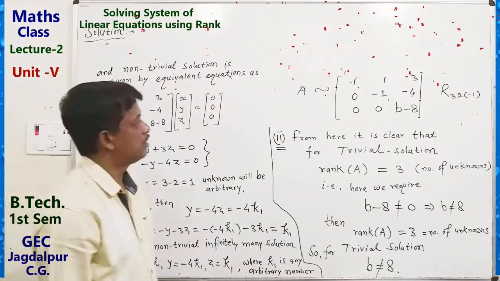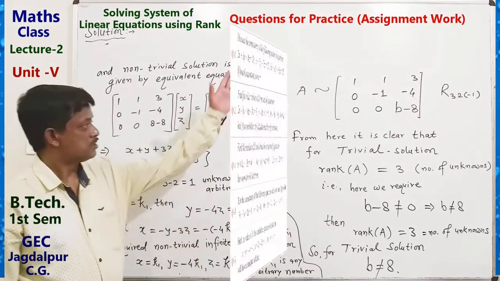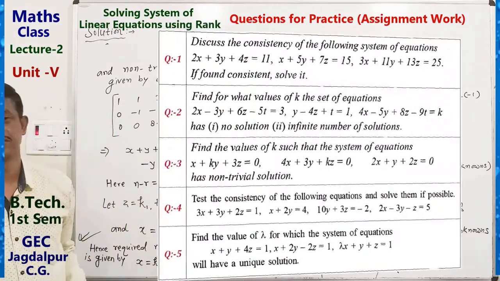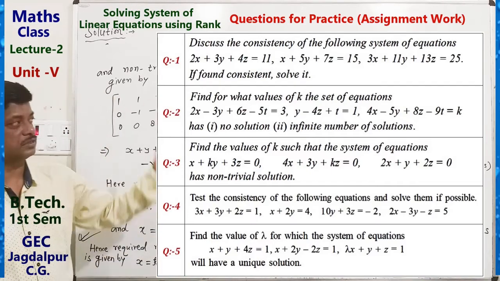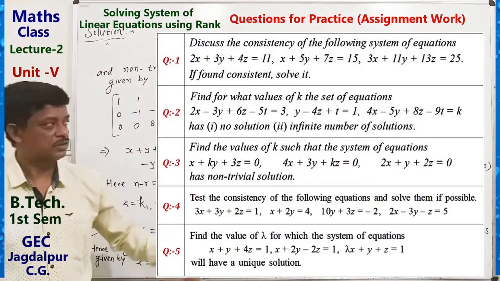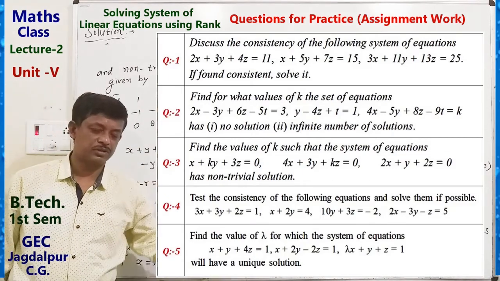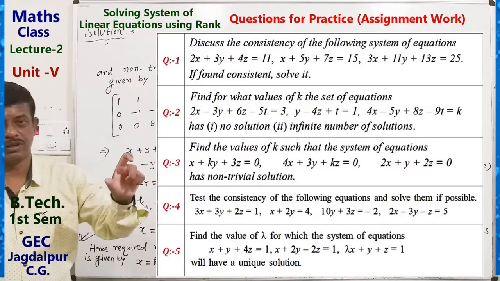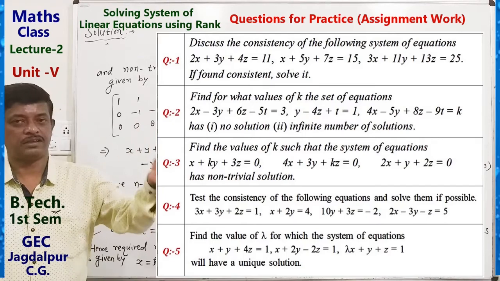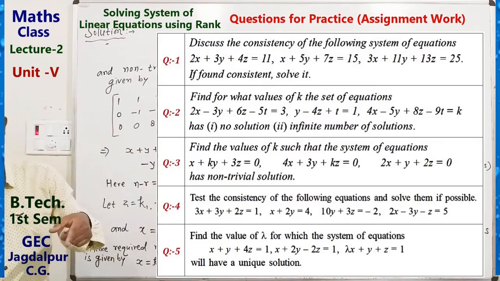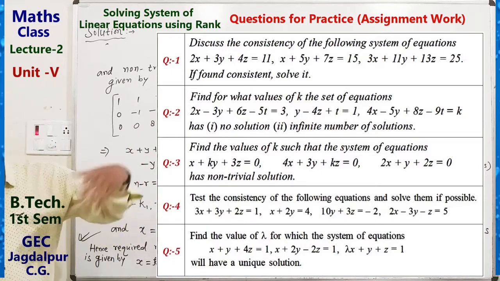Okay, now I will give some questions for your practice assignment work. Do these questions, very important questions. Just use Rouché's theorem: in case of non-homogeneous equation, find the rank of the augmented matrix and coefficient matrix both. If they are equal, then consistent. If the rank equals the number of unknowns, then unique solution.